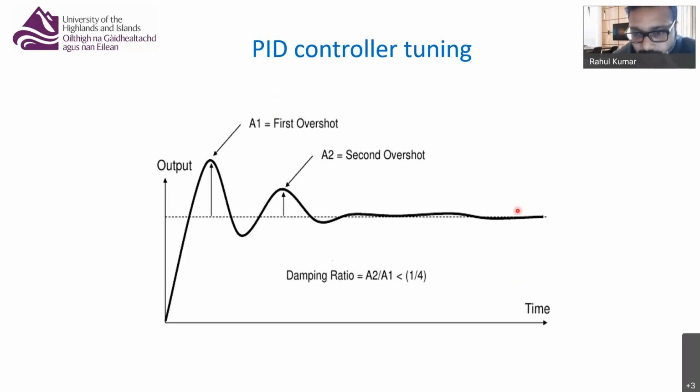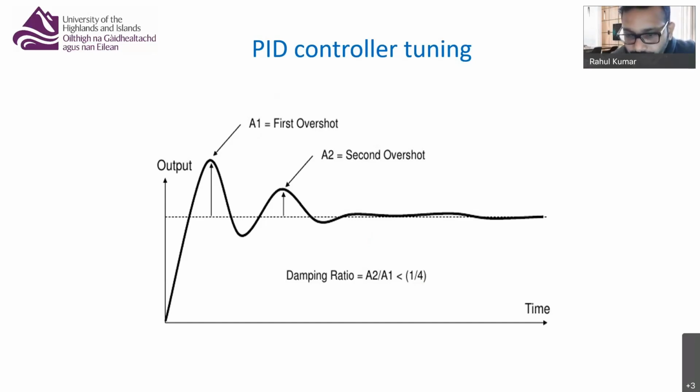Okay, so quarter amplitude response means the ratio of the second overshoot to the first overshoot will be less than a quarter, or 1/4. Okay, so this type of response you should get after using the Ziegler-Nichols method.